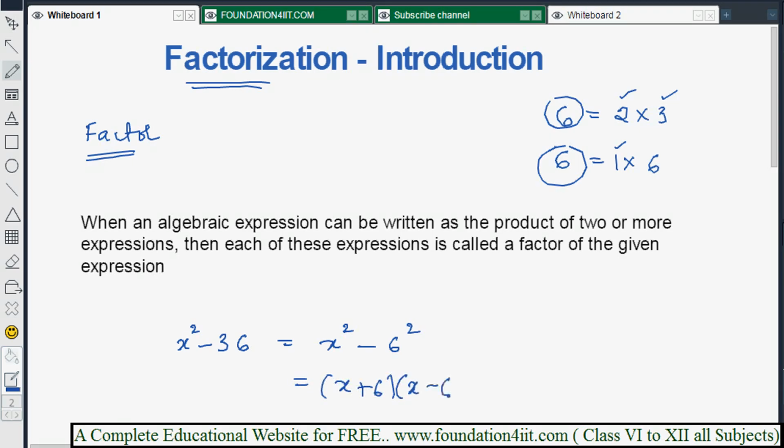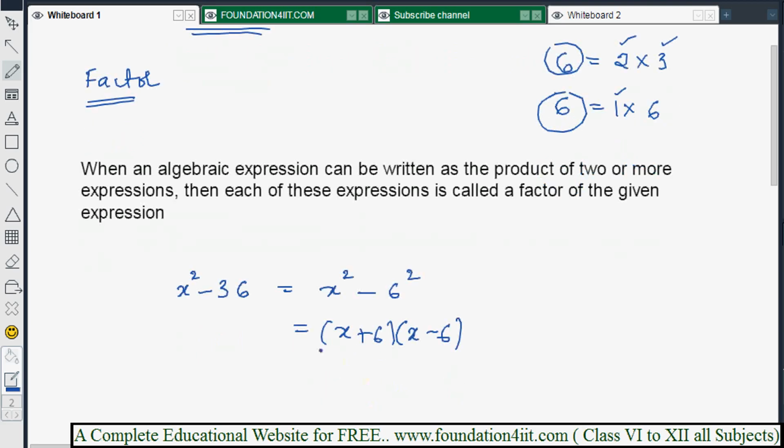So x square minus 36 is an expression, and I wrote it as a product of two expressions. Each of these expressions is called a factor of the given expression. So x plus 6 is one factor of x square minus 36, and x minus 6 is also a factor of x square minus 36.